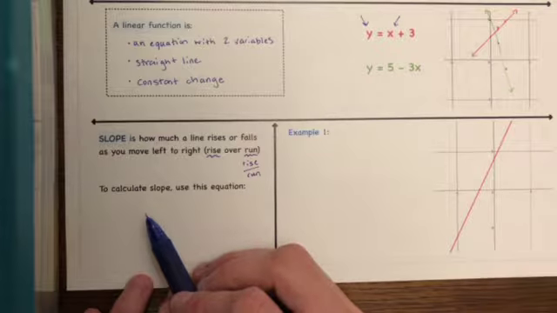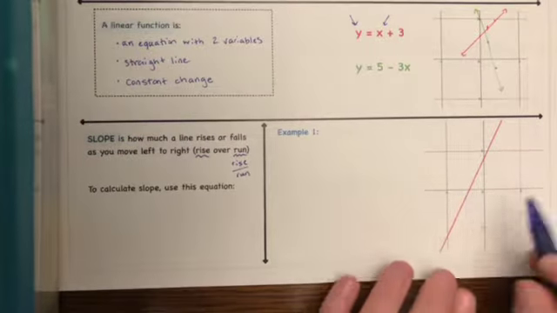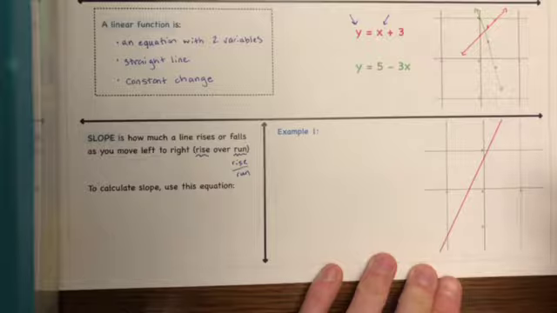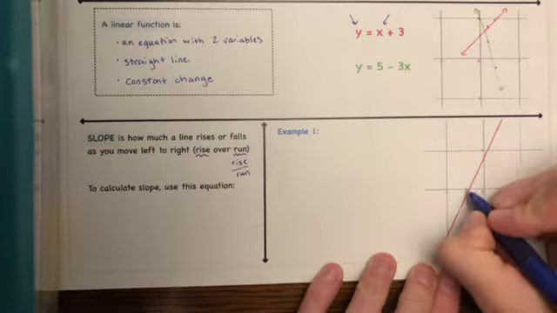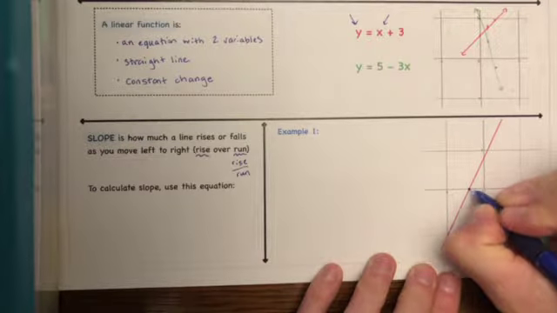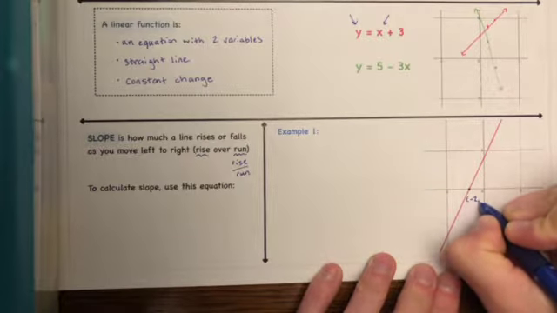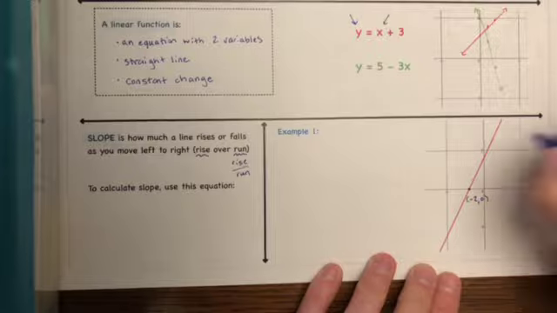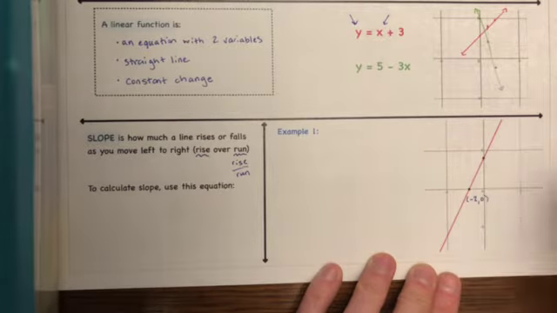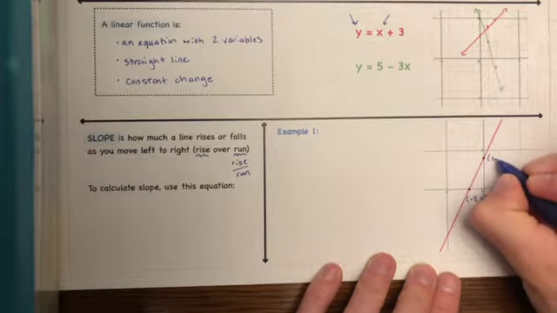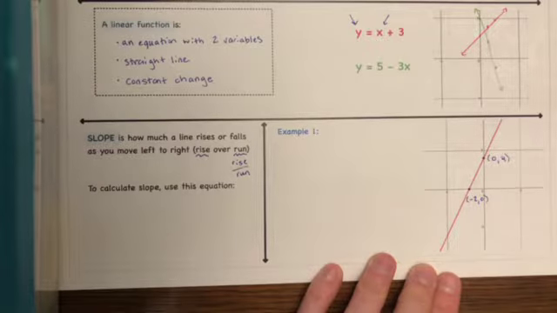I'll do that first. If we wanted to just use visual ideas here to find our slope, we would identify 2 points on the graph. Here's 1 point. This point is at the spot -2, 0. And we also have a point here at the position 0, +4.